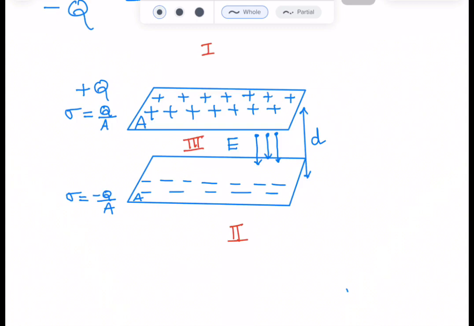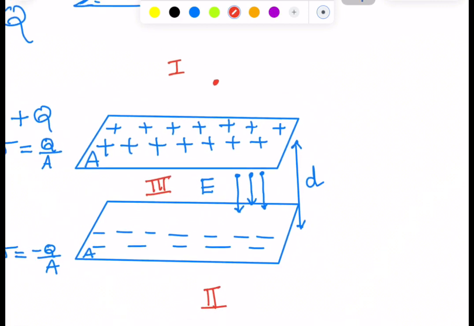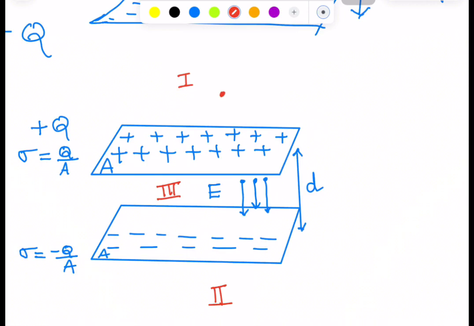Now let's take a point P just above the positively charged plate. What is the electric intensity at the point P due to the positive plate? It is away from the positive plate, given by half of sigma by epsilon naught. We are taking only magnitude.